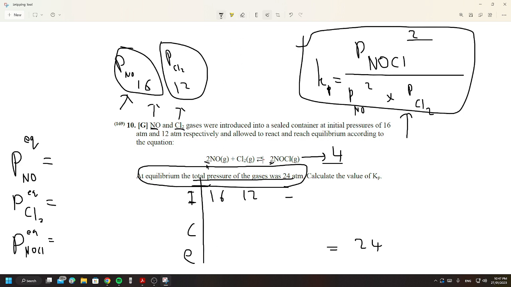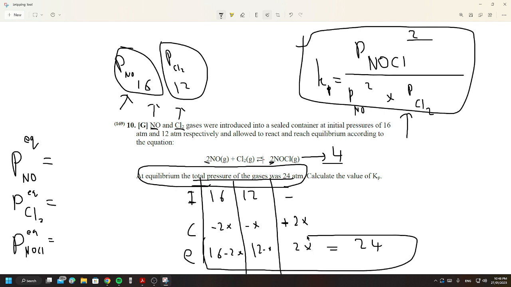So they told us 2 for NO and 2 for NOCl. Therefore it's minus 2x for NO, minus x for Cl2, and plus 2x for NOCl. So 16 minus 2x, plus 12 minus x, and then plus 2x. All of this equals 24.